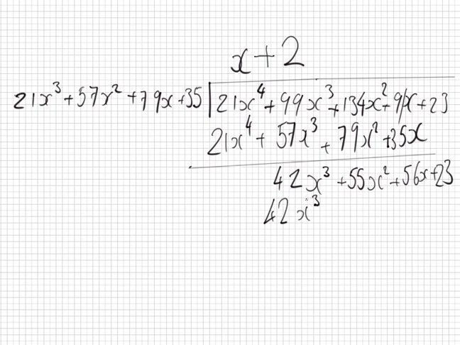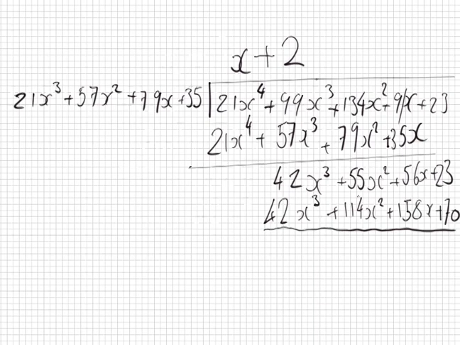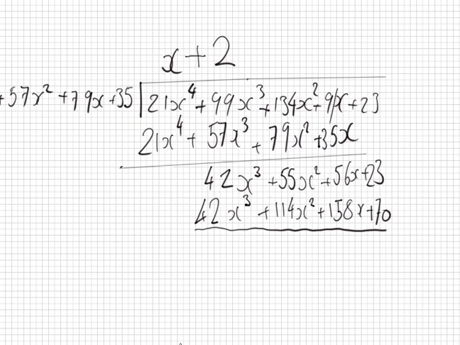Now Amjad, to answer your question, it looks like you're not left with a number here at the end. Plus 114x squared plus 158x plus 70. Now this is the remainder. So 55 minus 114 is minus 59.